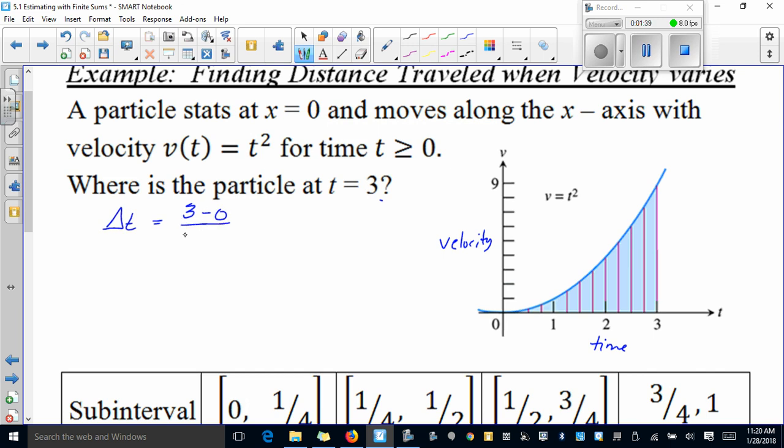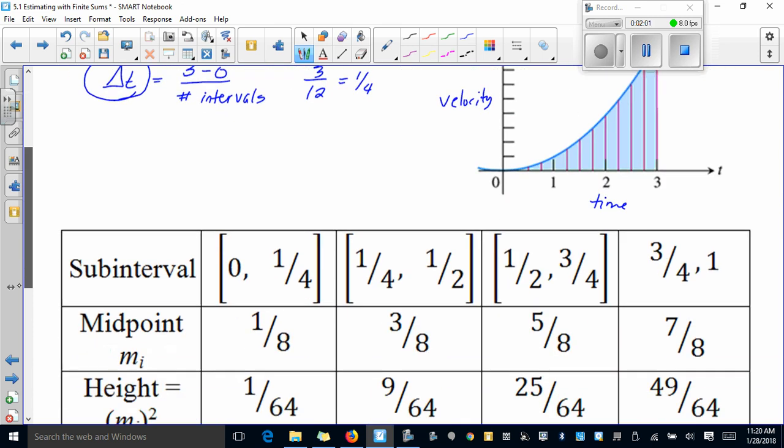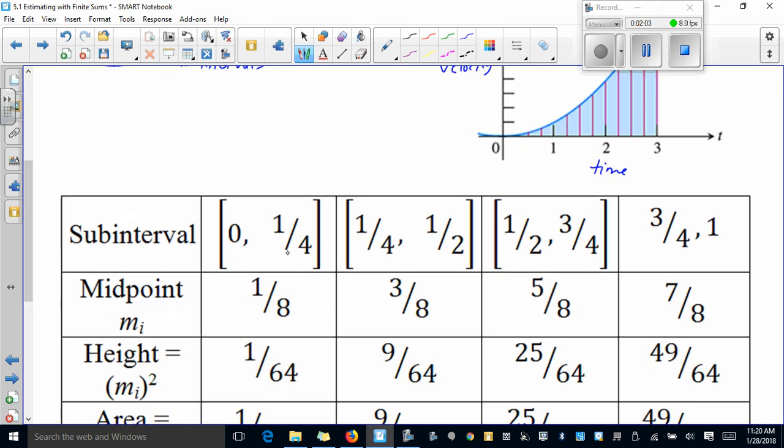As we go through this, I did start this up for you. On this one, we're starting at 0. So this is going to be 0 plus 1/4, because that's our delta t. Then our next interval will be where it stopped to the next one, so this becomes 1/4 plus delta t.